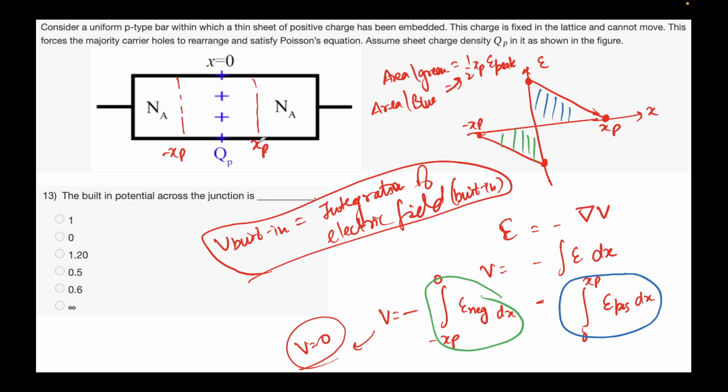Hence the built-in potential for this specific semiconductor bar, which was a uniform p-type bar with charge embedded, will be 0. If the charge were negative, again the built-in potential will be 0. So these are the different ways in which this problem is seen.